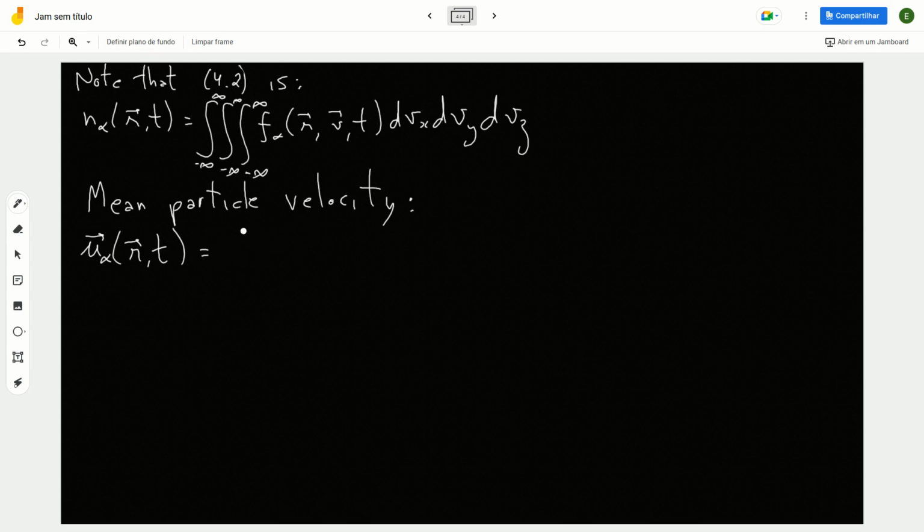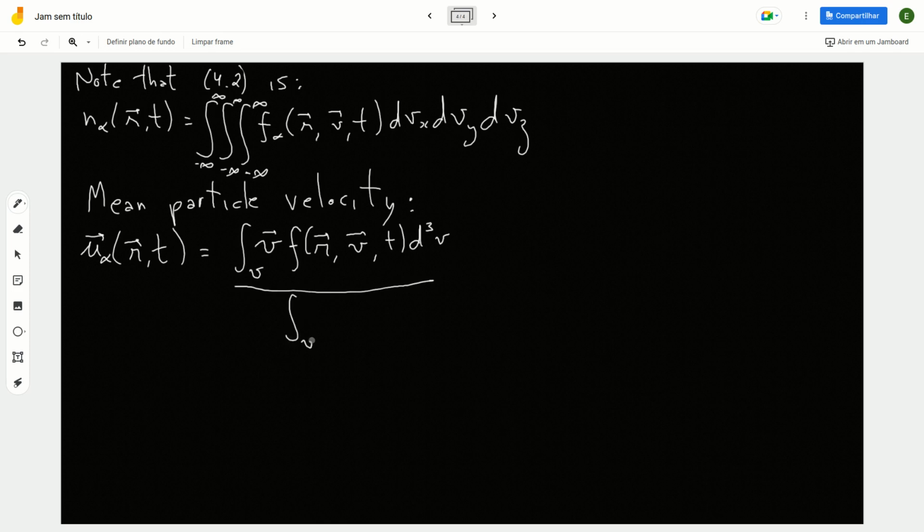So we'll write, well, we have the equation for the distribution. We just multiply this equation by the quantity we want to compute the average of. In this case, we want the mean velocity, so we multiply it by v. So it's v times f of r, v, and t, d3v, and this integration is, of course, in v.